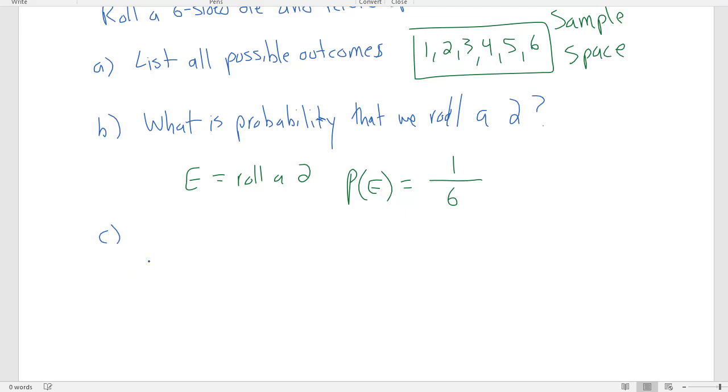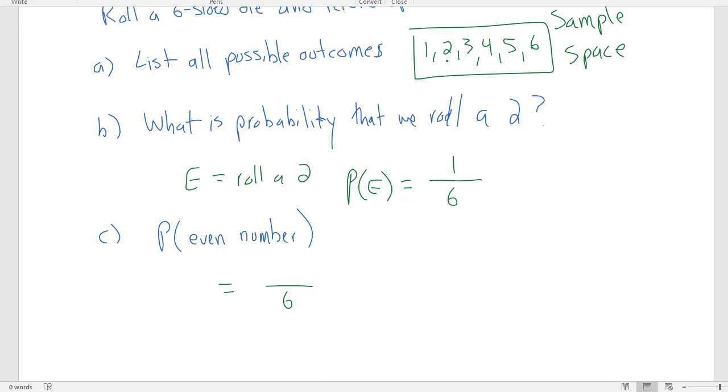Let's say we want to find the probability of an even number. What's the probability of rolling an even number? Out of all 6 outcomes, how many ways are there for me to roll an even number?